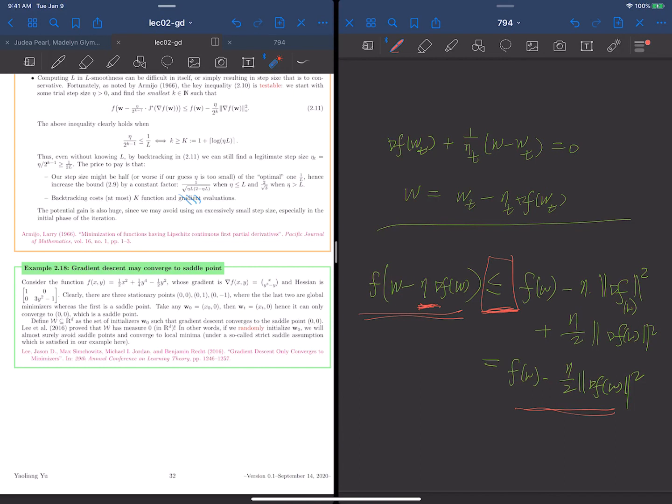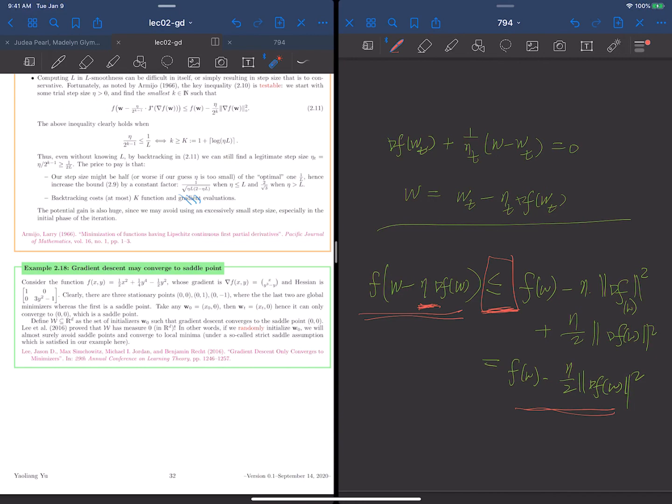So that seems bad, right? I can find regions where if you initialize in that region, it doesn't matter how you tune your step size, you are going to converge to a saddle point of the function f. But a fairly recent result shows that such bad initialization has measure 0.